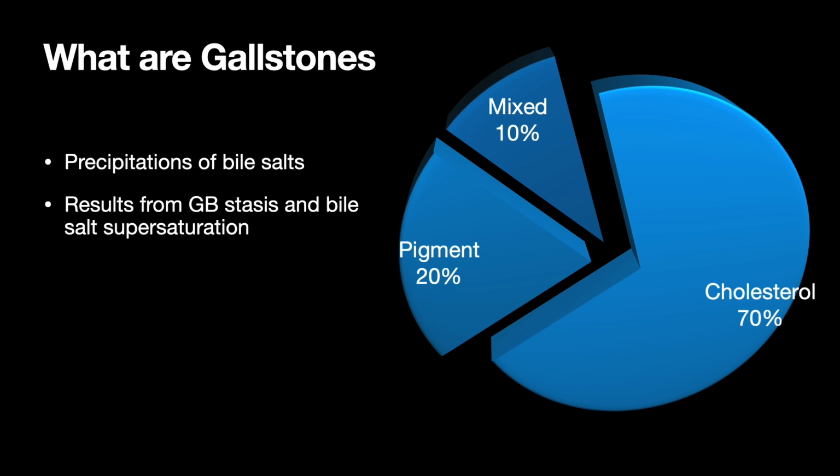There may be some tendency for pigmented stones to be smaller, and for cholesterol stones to be larger, but I haven't found anything that says definitively, on ultrasound, that when you see this, it's a cholesterol stone, and when you see this, it's a pigmented stone. Honestly, it doesn't really matter other than for academic purposes because the management is going to be pretty much the same. So that's the big picture of gallstones and what they are.